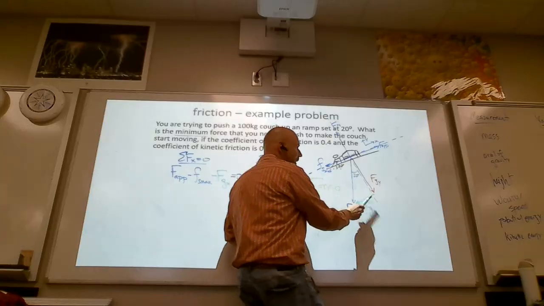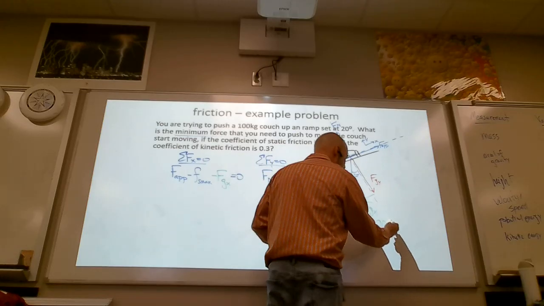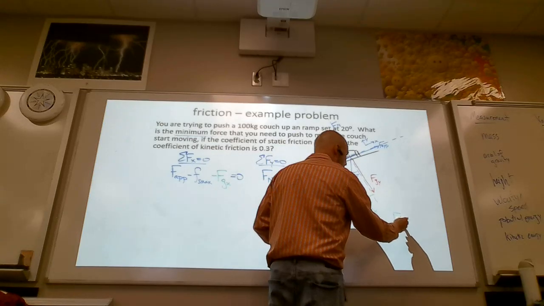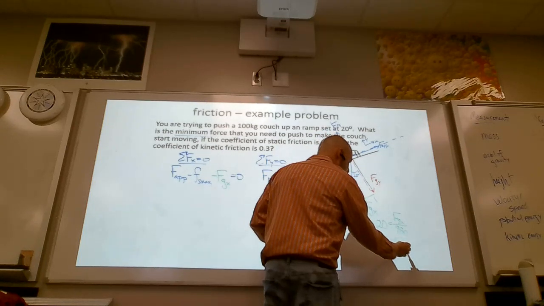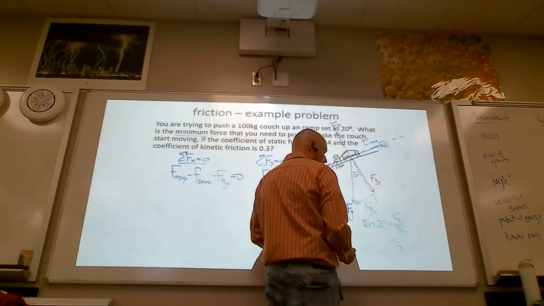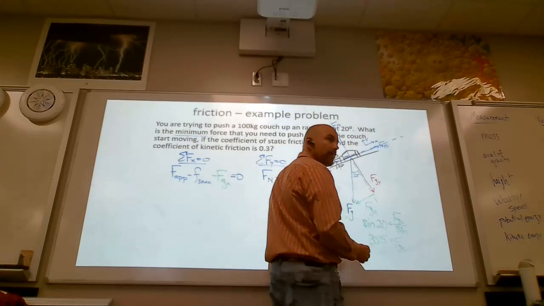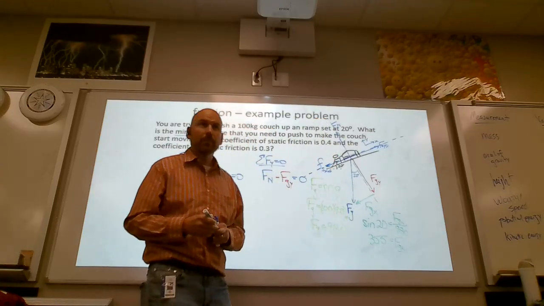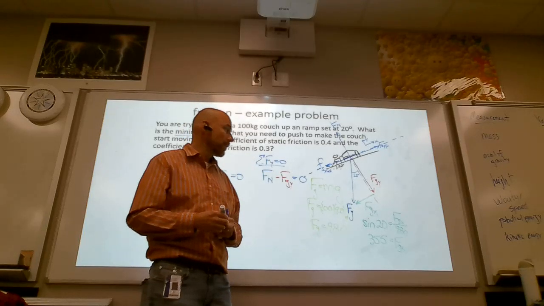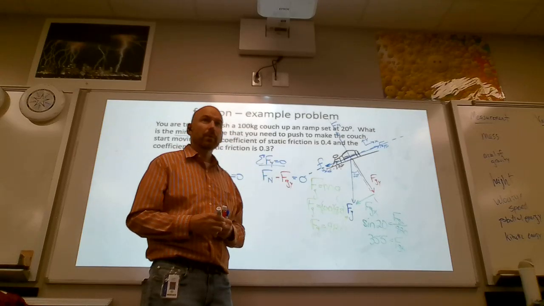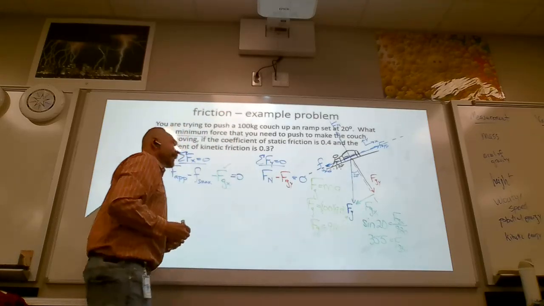I'm looking for the opposite side of the angle, so I'm going to use sine 20 is equal to FGX over 980. So FGX is equal to 355, is that right? What is it? 335. Okay, so now I've got that.